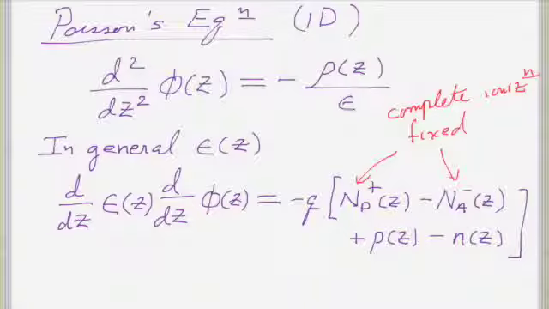So this has been a pretty good approximation, certainly for all the 3-5s that we modeled. Complete ionization, and so you just replace these Nd plus and Na minus by whatever the doping density is. Whatever you doped it at, you just put in there, and that's something known ahead of time. Hopefully you know what the doping is.